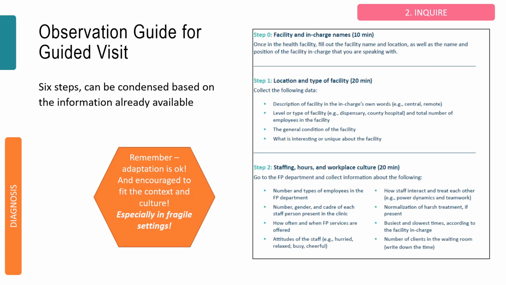The last handout is the observation guide for guided visits. There are 6 steps and they can be condensed based on the information that's already available from the last slide that I talked about. You can take pictures with consent and remember that adaptation is perfectly fine, especially in fragile settings.